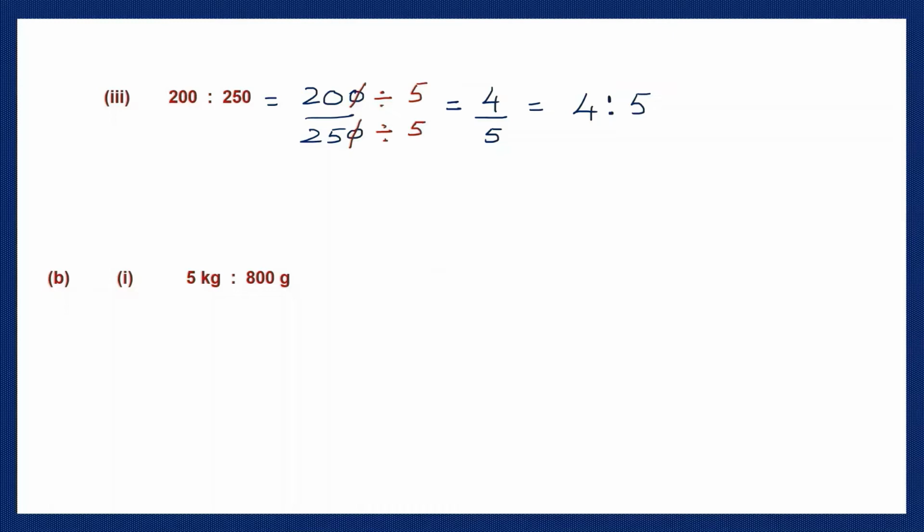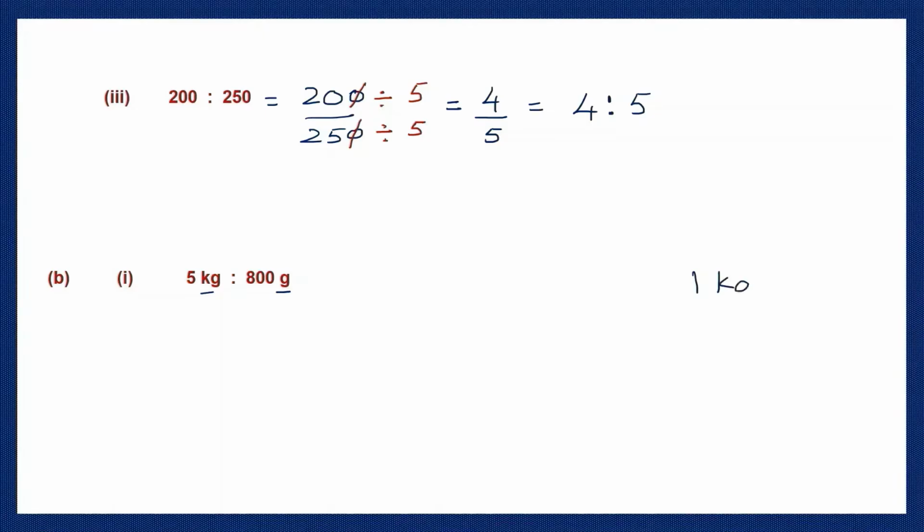Question B, first one. 5 kg is to 800 grams. Now here, the first thing you need to notice is that the units are different, isn't it? One is kilogram and one is gram. We have to see that both the units are the same. And which is the bigger unit here? Kilogram. And it's always better to reduce kilogram to gram, the bigger unit to smaller unit, because it is multiplication, and multiplication is easier.